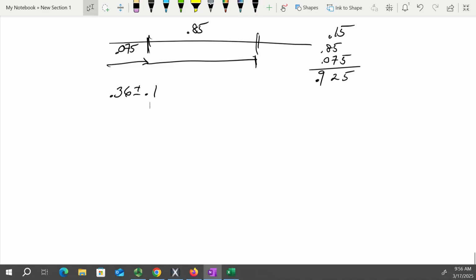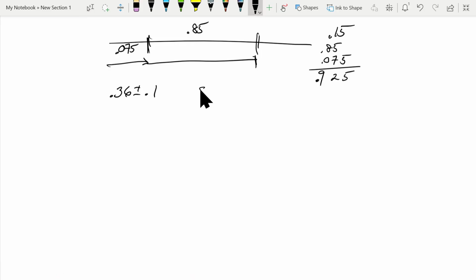What's the standard deviation? This is why proportions are so easy to deal with.